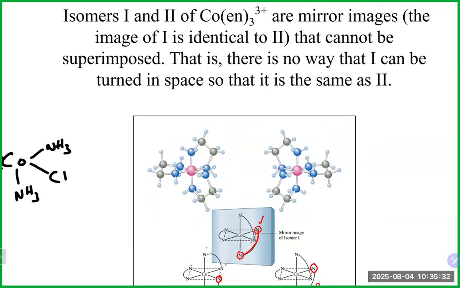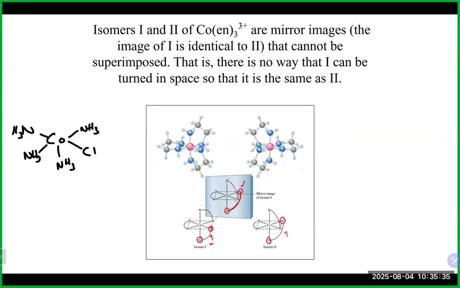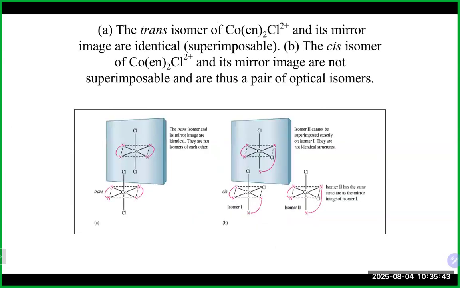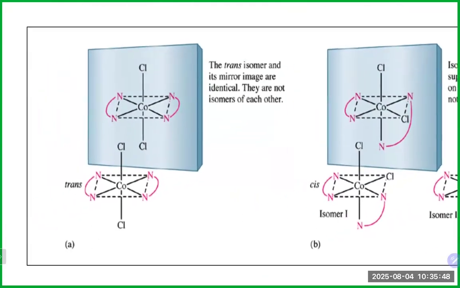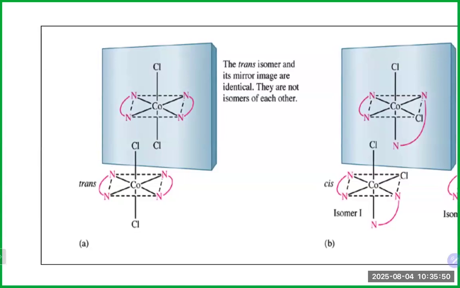So these two are chiral. They're mirror images that are non-superimposable, because the reflection puts that bond in the wrong location relative to the original. Now, if you look at this one here on the right, this is our trans. When we get this reflected, this guy reflects here, this guy reflects back.